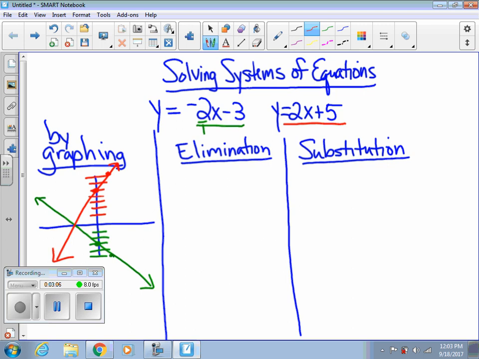Well, obviously I didn't draw my graph good enough. I think this one's a little bit off, so let me clean that up, because I already know where these two meet.